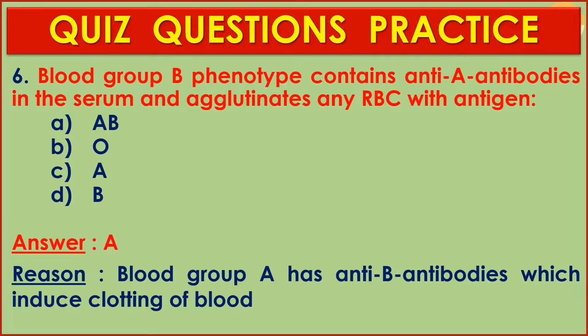But if we provide this person with blood group A during blood transfusion, then the opposite antibody B reacts. Both the antigen B and antibody B react with one another and agglutinate the blood, due to which clotting occurs.